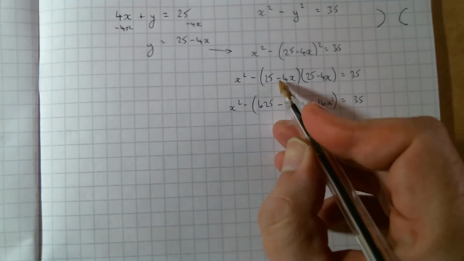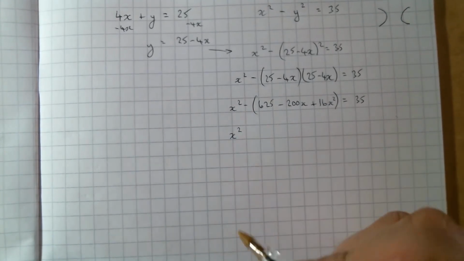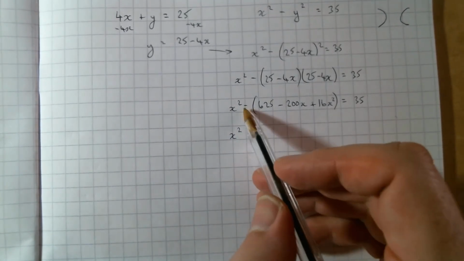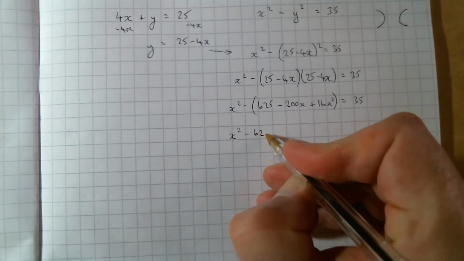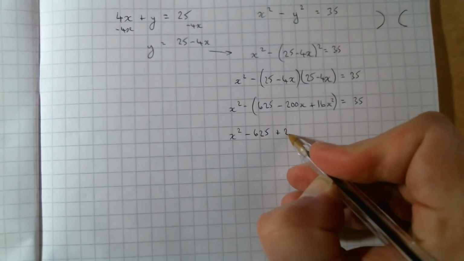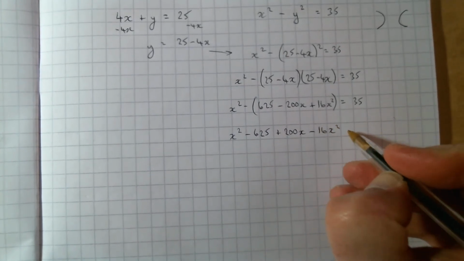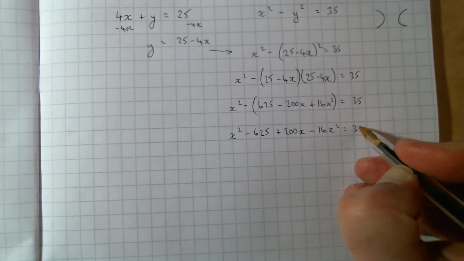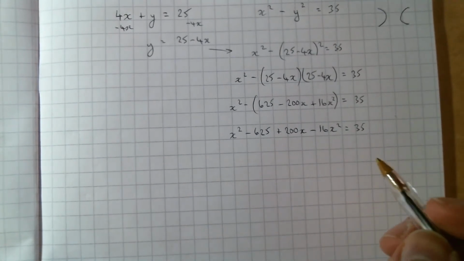Now that we've sorted out the double bracket, now we can think about this negative 1, which is multiplying all of that. We get minus 625 plus 200x minus 16x squared, still equal to 35. Simplify the left-hand side.